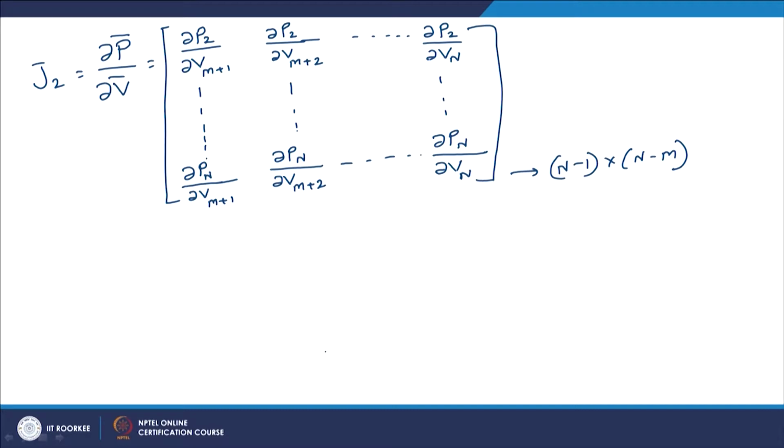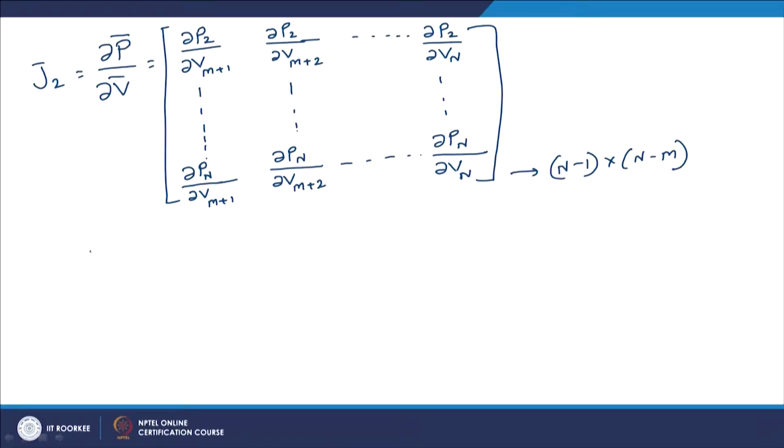Therefore, there is nothing called a diagonal element, and also nothing called an off diagonal element, but there would be some terms where the index of P and the index of V would be the same, and other terms where they would be different. So, the terms in general have this nature: del Pi by del Vi.